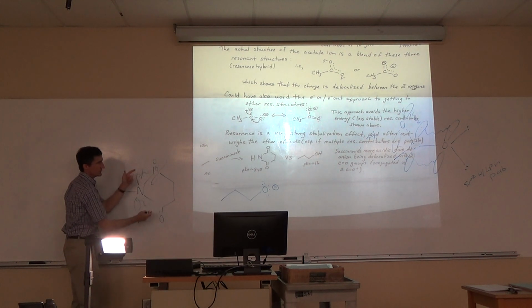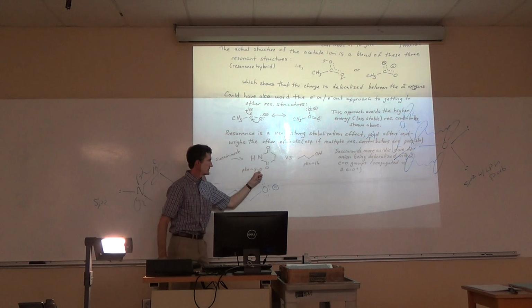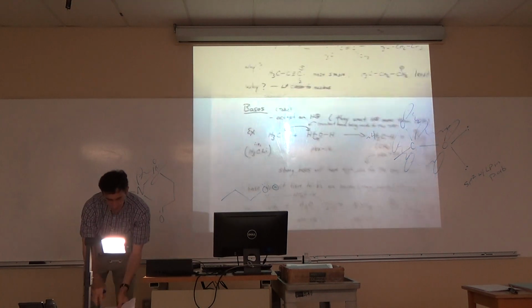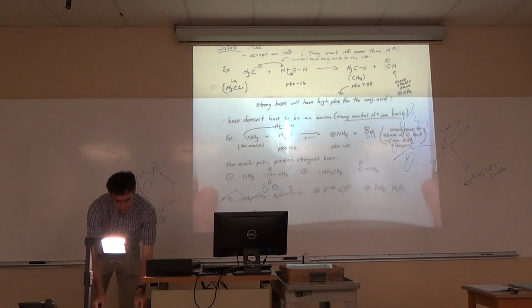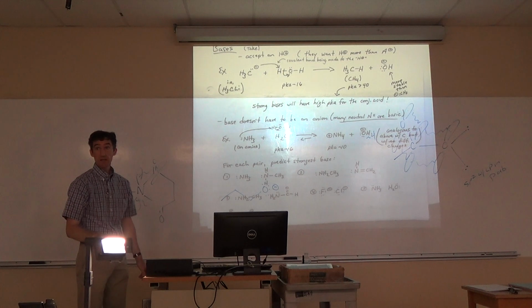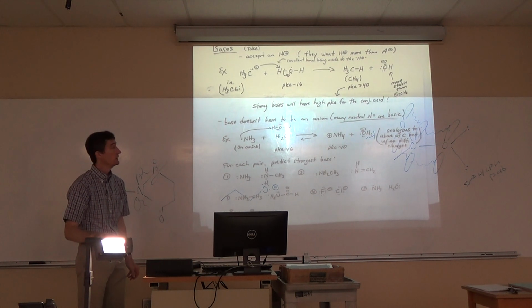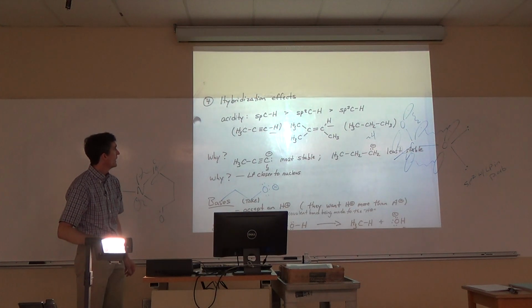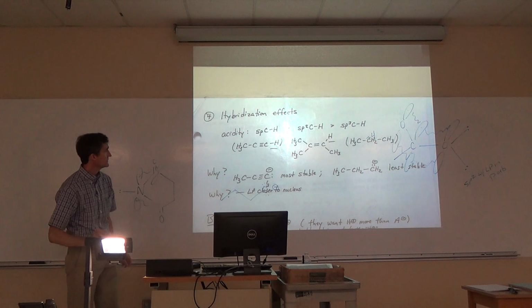P orbitals on both sides make it so much more acidic. Localized lone pairs versus delocalized resonance conjugated lone pairs. Again, there's a section in Klein about that. Okay, fourth, hybridization effects.